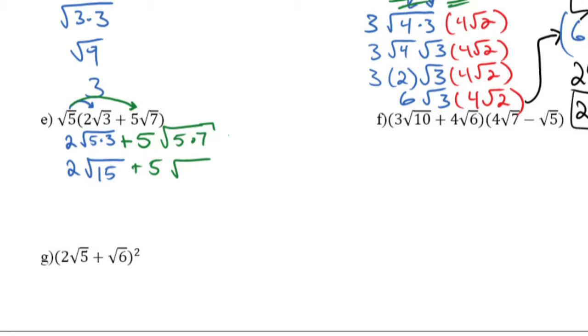I'm just looking for perfect squares here. I'm going to have to check my math. So there's no perfect squares that go into 35, and there's no perfect squares that go into 15. So I don't have to simplify this any further. There's nothing really I can do to go any further than that.